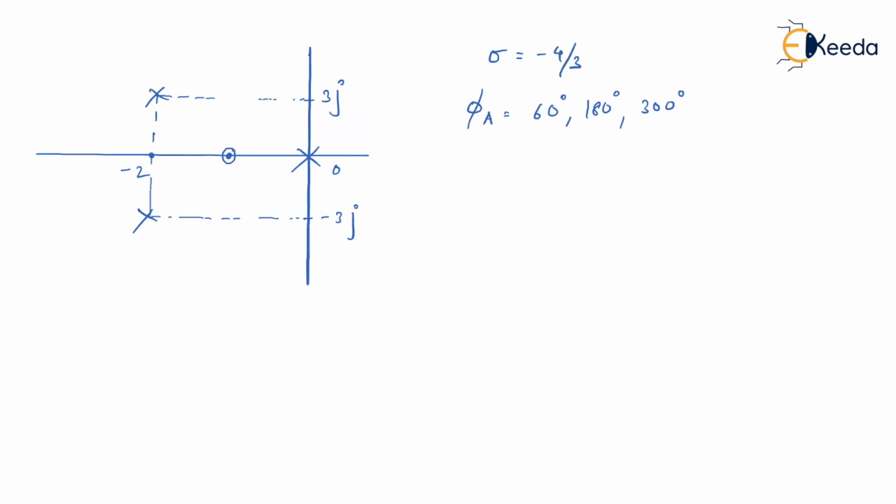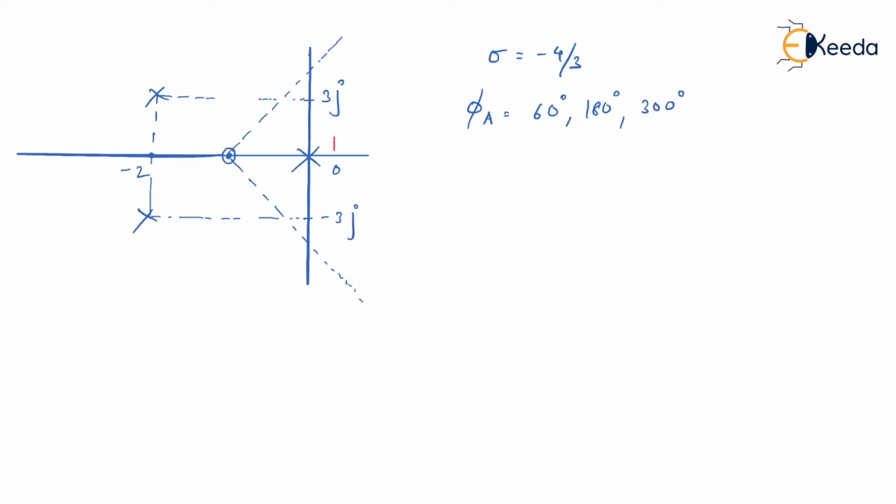So there are 3 angles expected from this point. The first angle is 60 degrees, so let us draw that. The first angle I have drawn is 60 degrees, the second angle is 180 degrees. As you can see, it will come on the same axis, and then there is 300 degrees. If I draw 300 degrees, it will be somewhere over here, as you can see clearly.